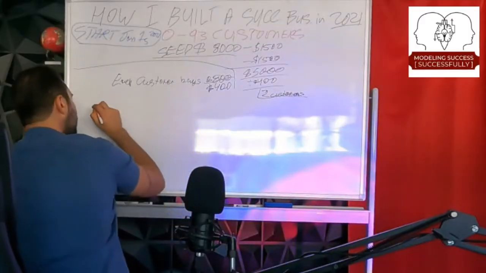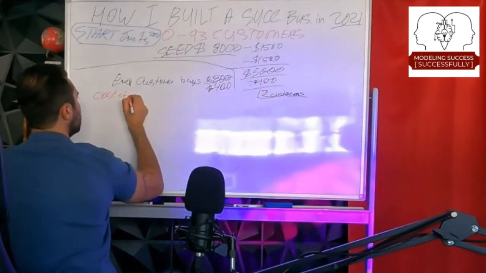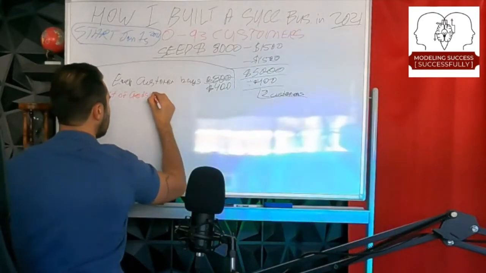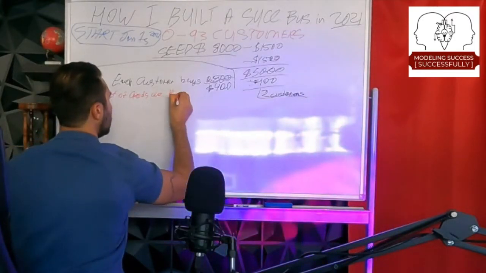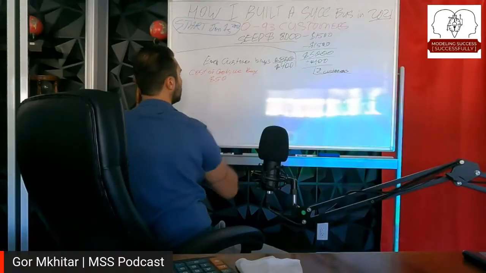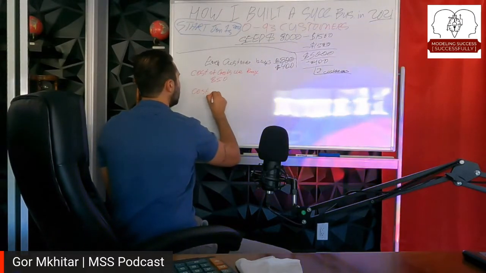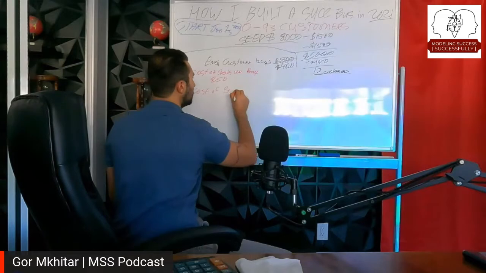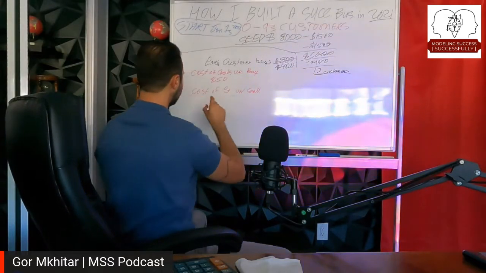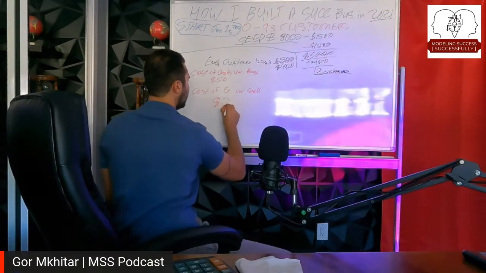Assuming cost of goods we buy is $50. And then assuming cost of goods we sell is assuming $80.